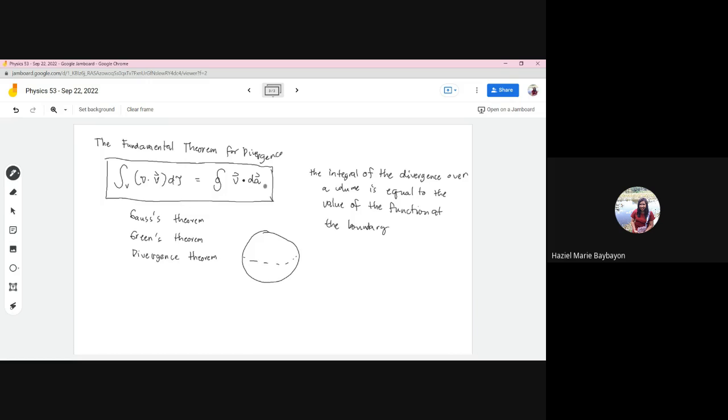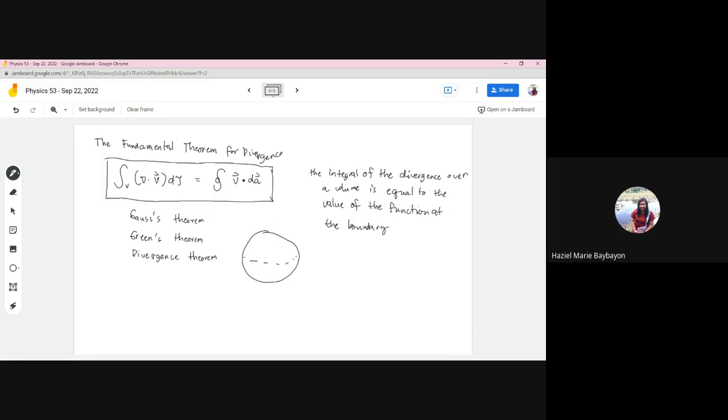Okay? So this will be a lot easier. For example, if it's a sphere, your dA is 4 pi r squared. So that is the surface of your sphere, and you just look at the radius, from 0 to that radius. Okay?